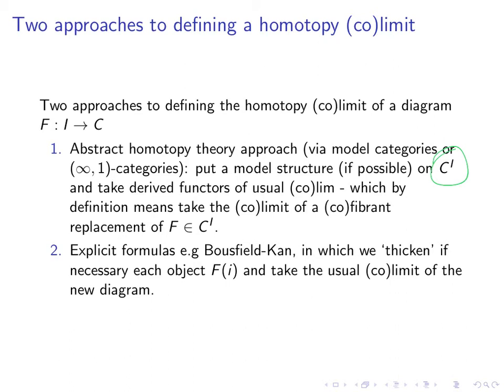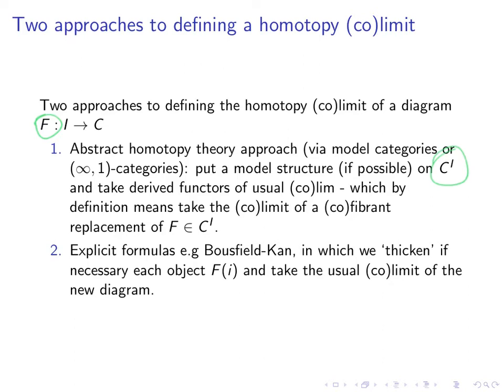What this involves is you take f, take a cofibrant or fibrant replacement of it in this model category C to the I, and then take the ordinary limit or colimit of that diagram.